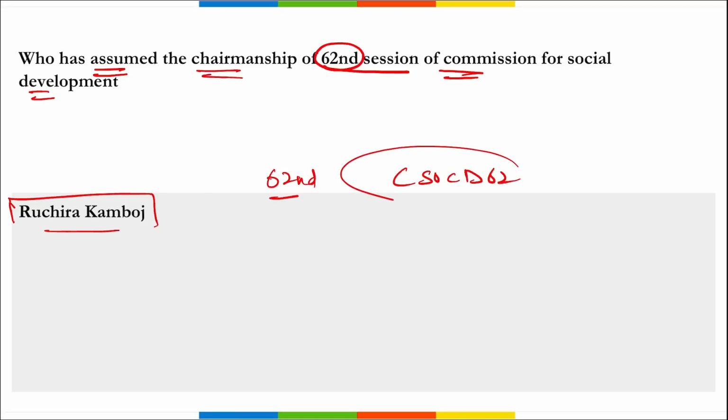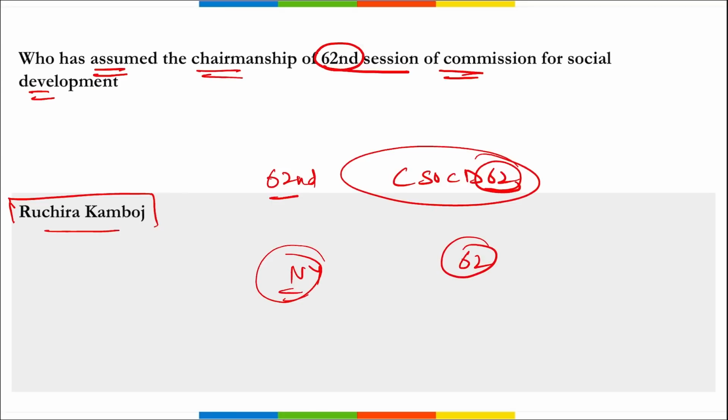This Commission for Social Development meets annually in New York, USA. Correct? And in February 2023, India was elected as the chair of the 62nd session during the 13th plenary meeting, 61st session. Correct?